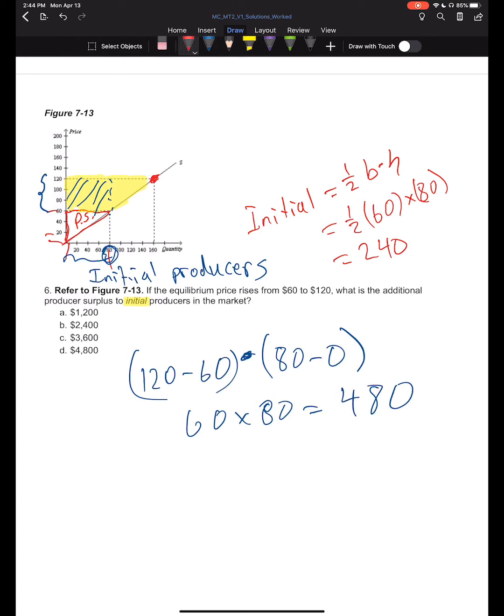Oops, I think I missed zeros on both of these. Sorry about that. Let me just put those zeros in there real quick. So then that blue area is just this 4,800. So that's going to be our answer.